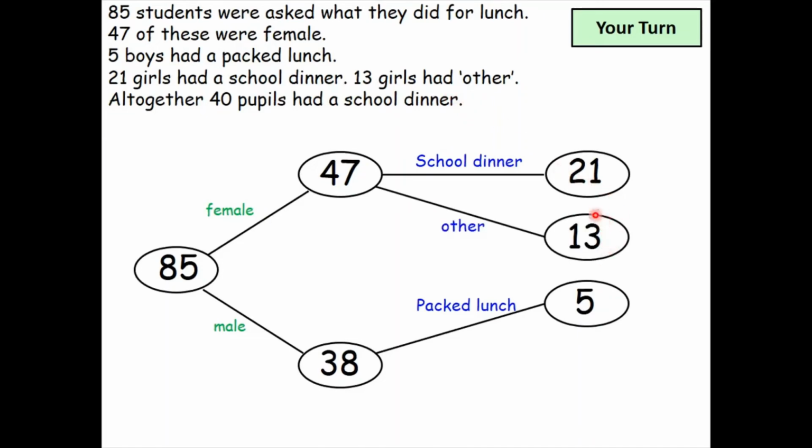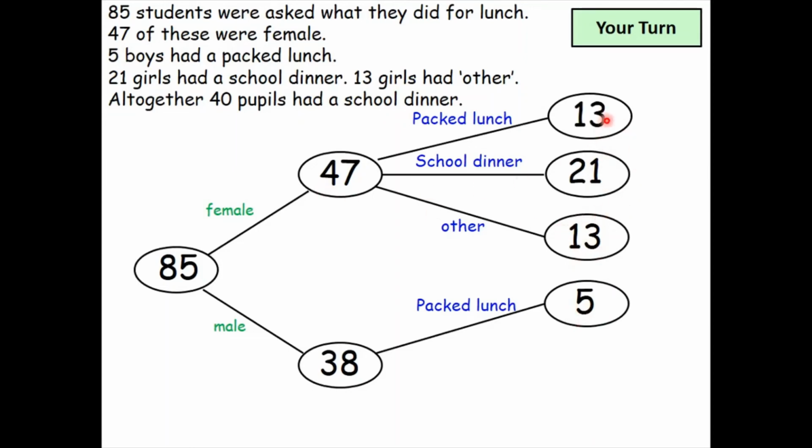And altogether we know that 40 pupils had a school dinner. So if I've already got 21 school dinners amongst the females, and I know it has to add up to 40, then there must be 19 school dinners amongst the boys. And I also know, of course, that these 3 add up to 47.